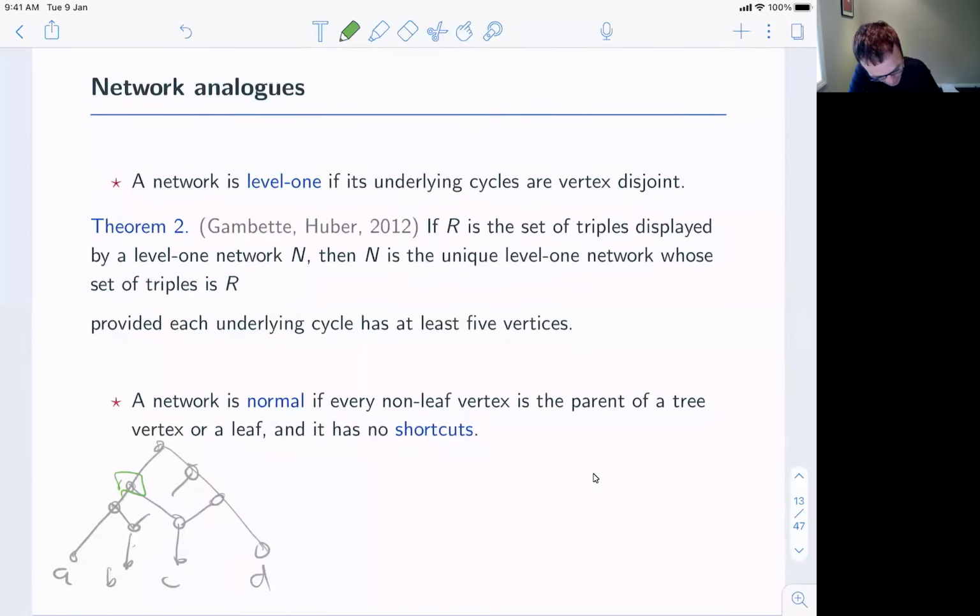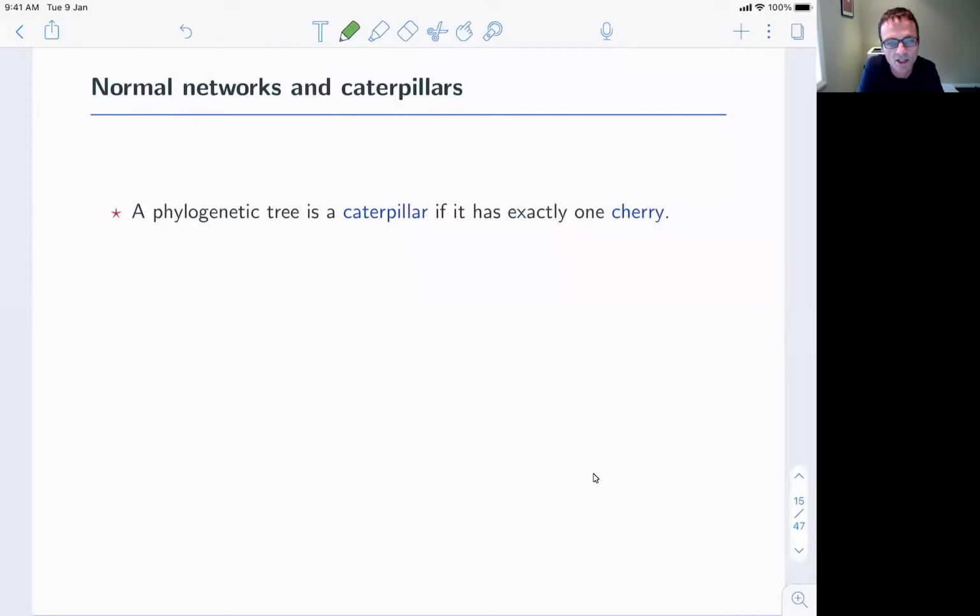So in some sense, we're going to do something for normal networks, but we don't like the idea that you're using all the trees that have the same leaf set as the network itself.